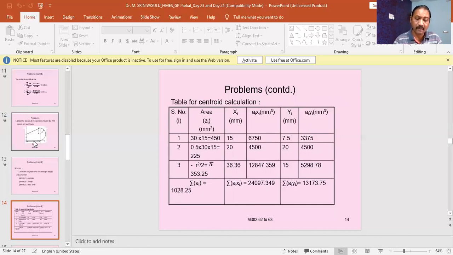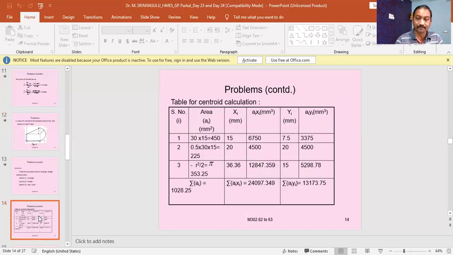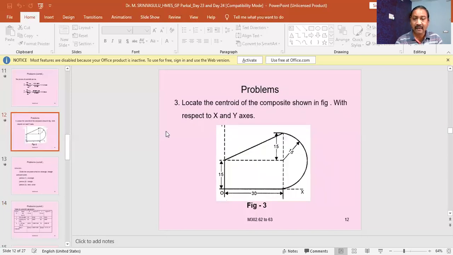And now coming to the x3. From here we have to take. Generally for this semicircle, the third figure itself is symmetrical about this x-axis passing through the centroid, passing through the center of this semicircle. So it will be lying at a distance of how much? Here we can take from the formula, that is 6.36 from this.